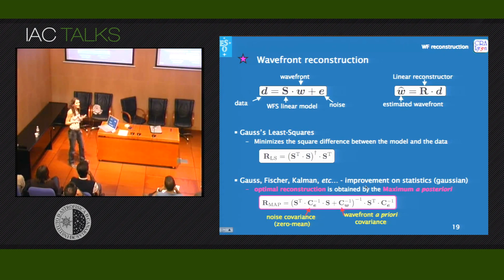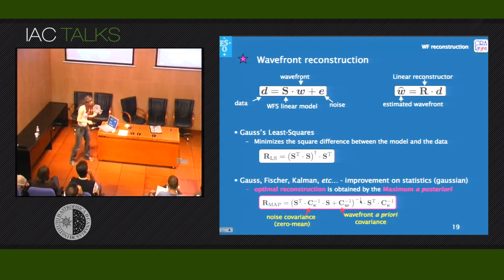This allows you to have something invertible here. You finally end with an invertible matrix, so you have a unique solution of this problem. This gives you an optimal reconstruction from the statistical point of view, because it minimizes the variance of the error you make in your reconstruction.